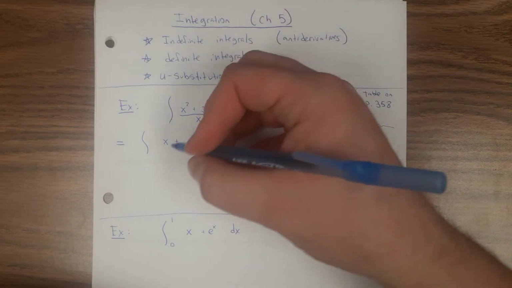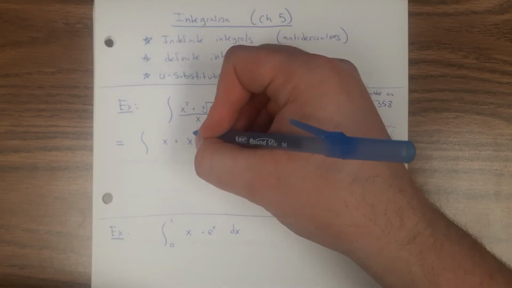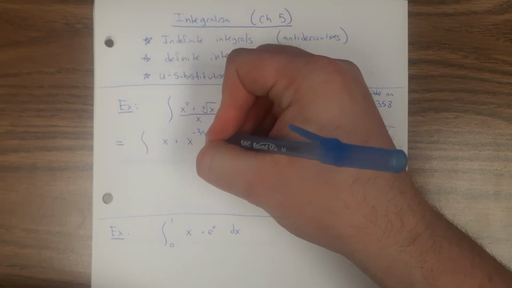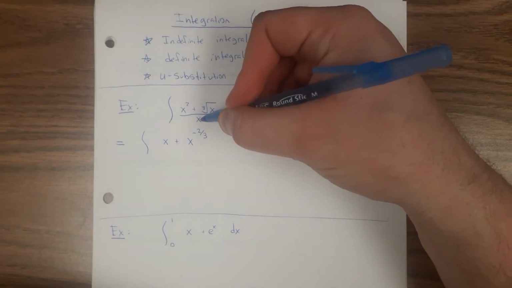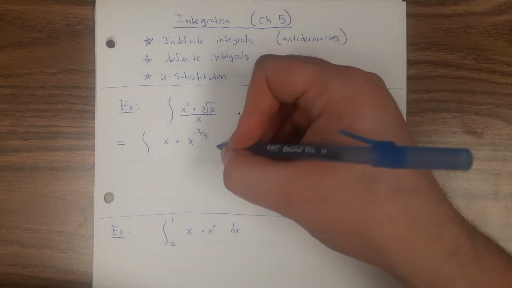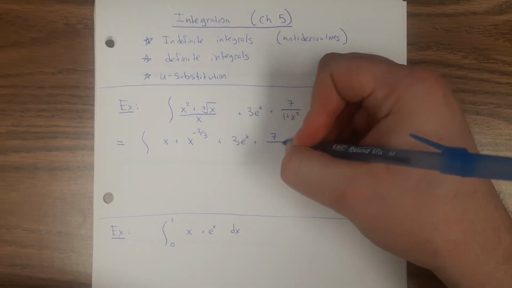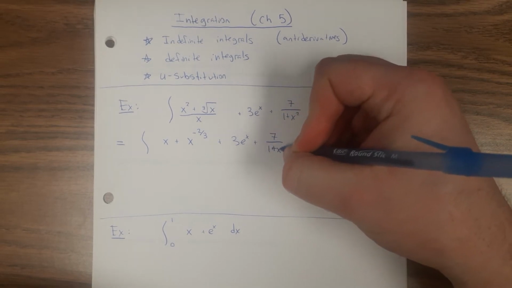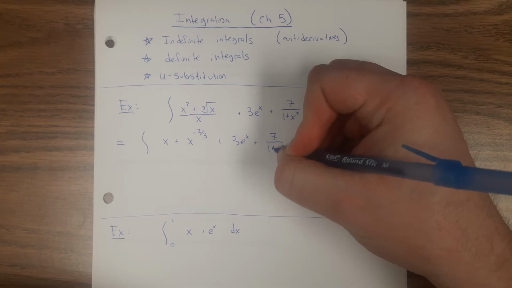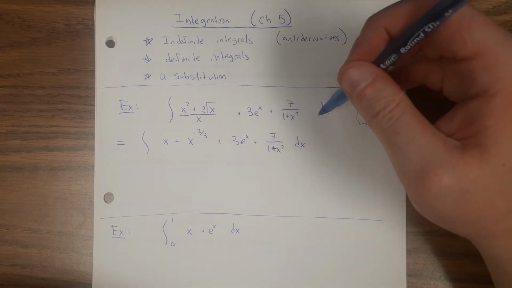So it's going to be x to the 1/3 minus 1, in other words, negative 2/3. That's this over this, x to the negative 2/3, plus this, plus this. Like that. And now I'm comfortable with everything.